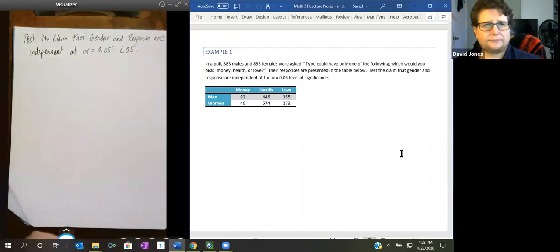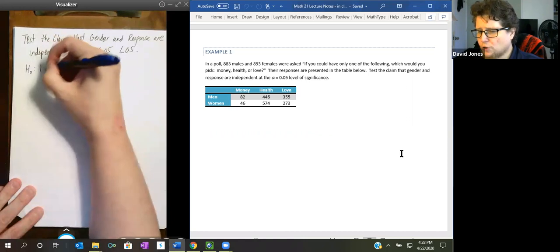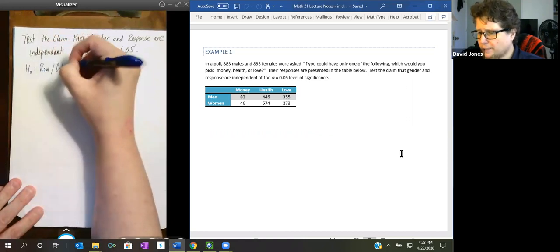Okay. For these chi-square tests for independence, H naught is always rows and columns are independent.